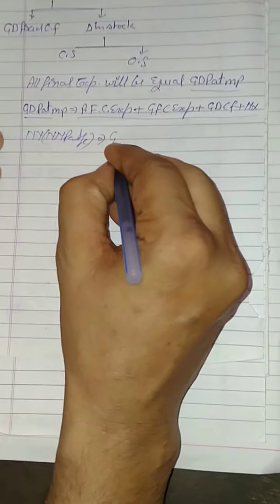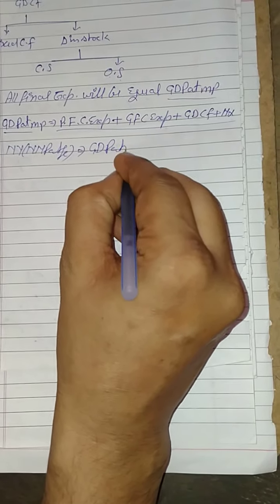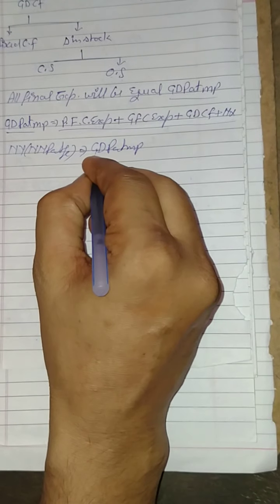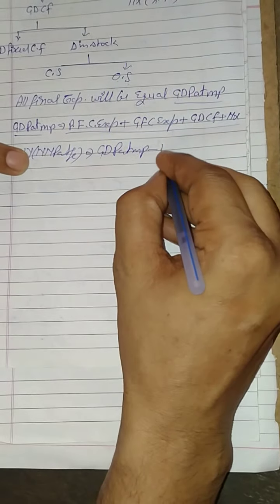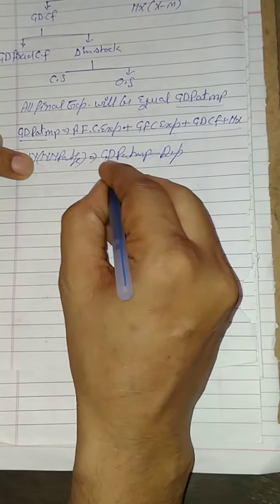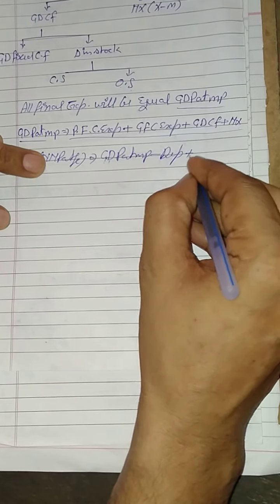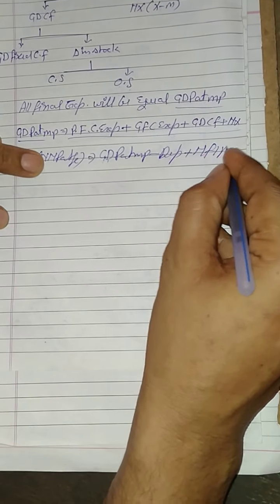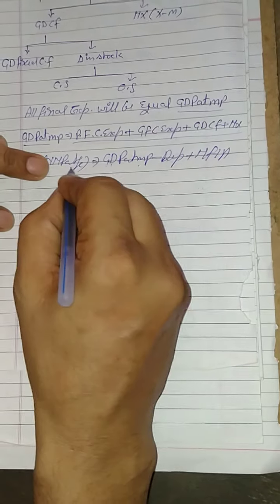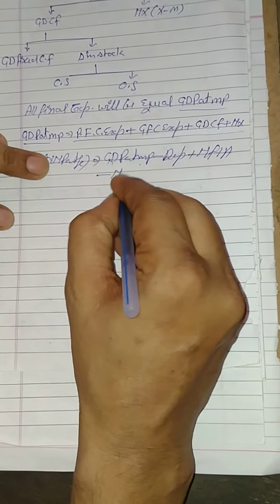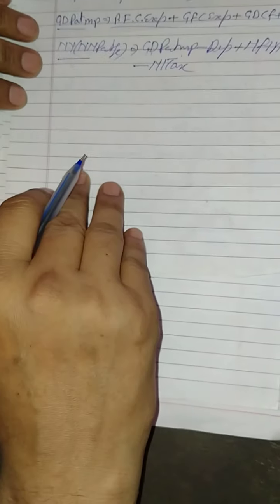So that's your formula: GDP at MP, gross converted to net, so minus depreciation, domestic converted to national, plus NFIA, market price converted to factor cost, minus net indirect tax, and that's how national income will be found.